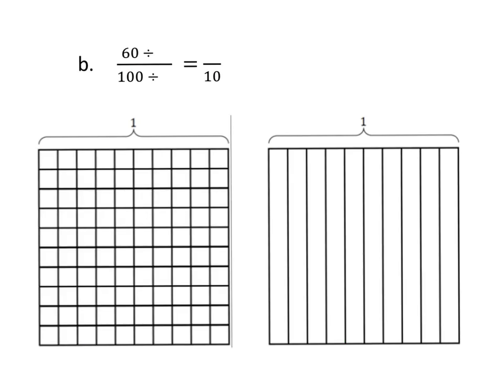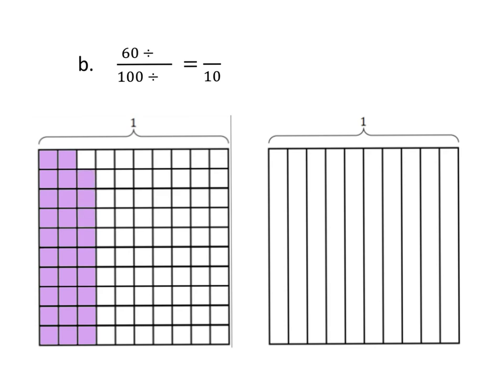Okay, continuing on, 60 hundredths, and we're going to be using division to find the equivalent fraction with tenths in the denominator. So let's start coloring this in. We need to show 60 out of 100. Okay, so 60. Right now we have just colored in 20.